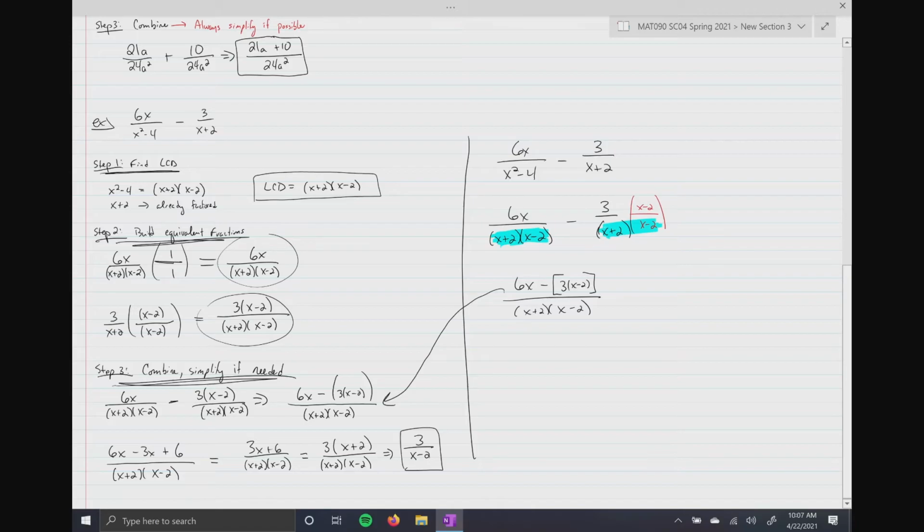Some of us like to really just piece things together. Others, you could do this real fast. All right? It doesn't matter to me. What matters to me, are you getting the correct answer? So from here, you would just do all your math. And you would still come up with 3 over x minus 2. All right? Are there any questions?